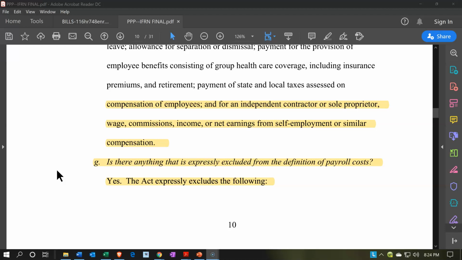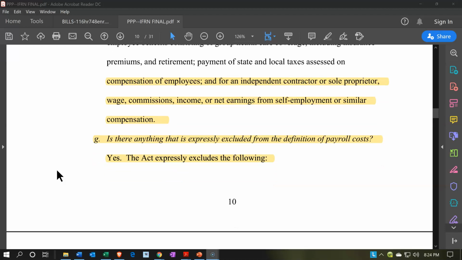So G, is there anything that is exclusively excluded from the definition of payroll costs? Yes.